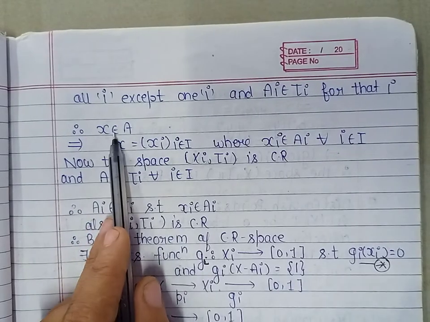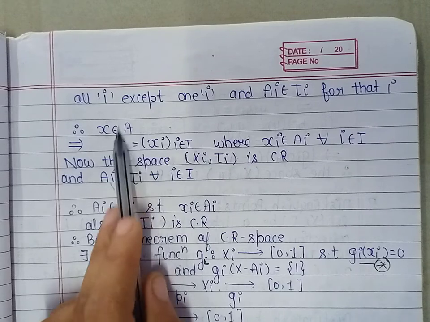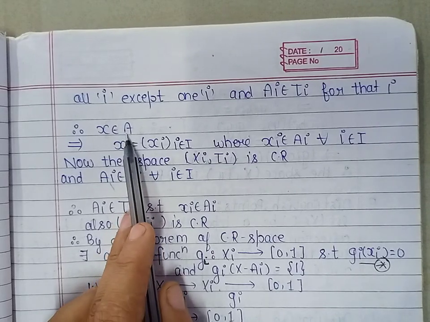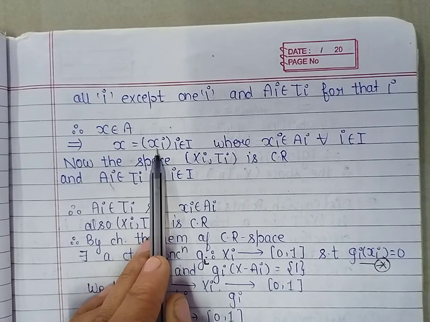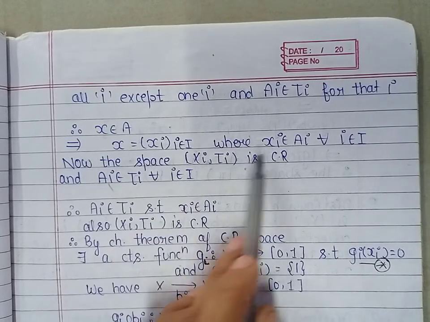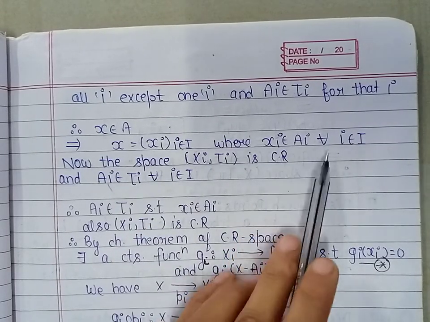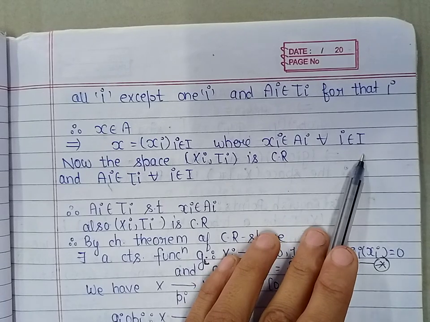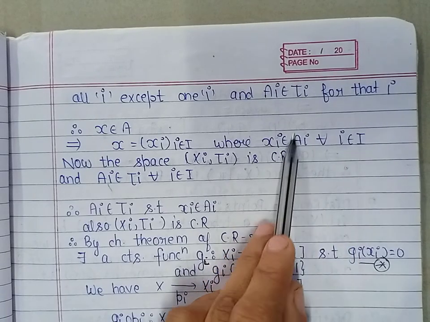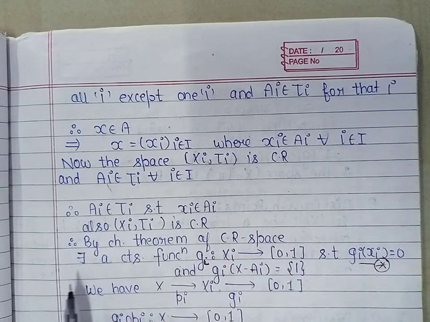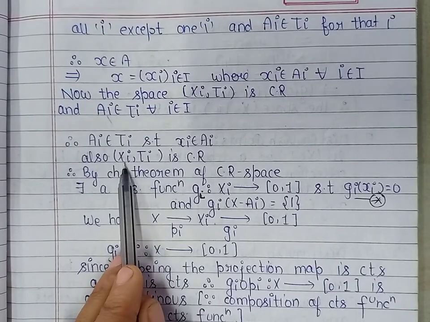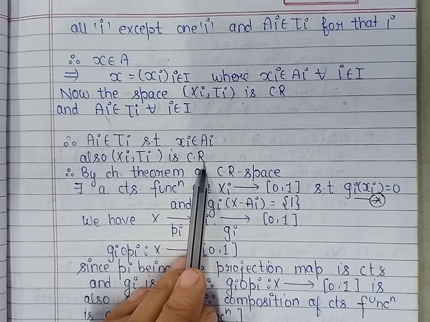Now because x belongs to A, and A is of the form of very special products, by definition x is of the form product of xi, where these xi belong to Ai for every i belonging to the index set. Now these Ai's are open in the topological spaces Xi, and Xi is completely regular.